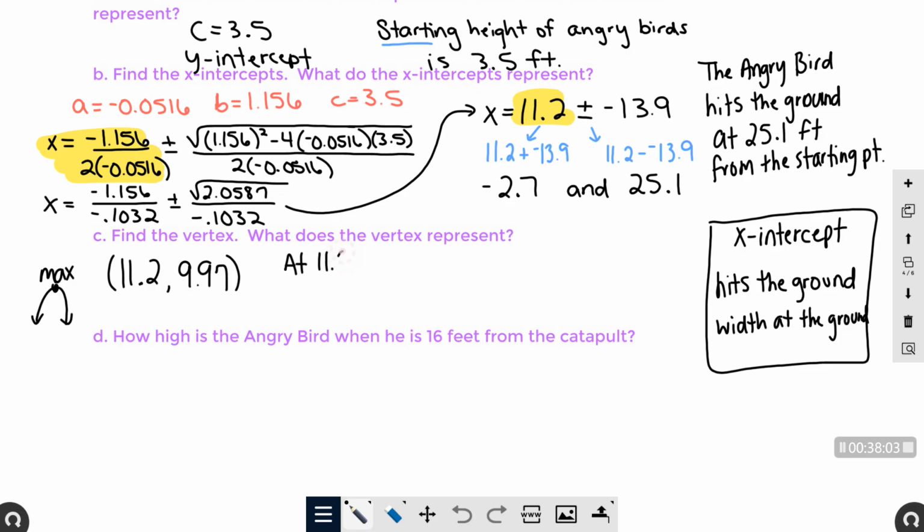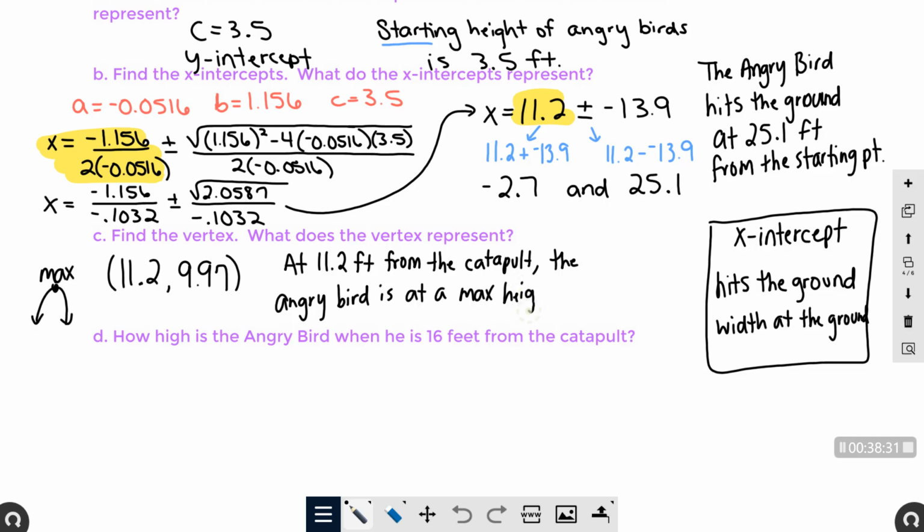So at 11.2 feet from the catapult, you could also just say the start value, the Angry Bird is at a max height of 11.2 feet.